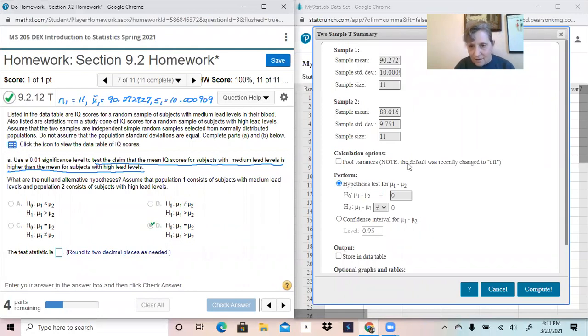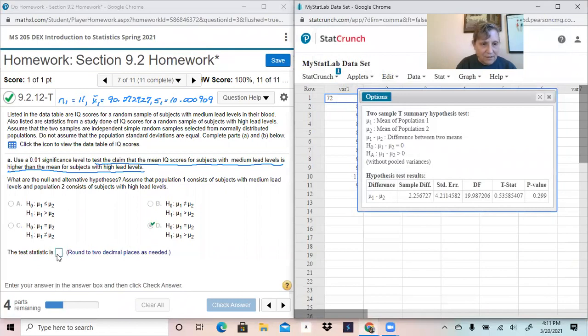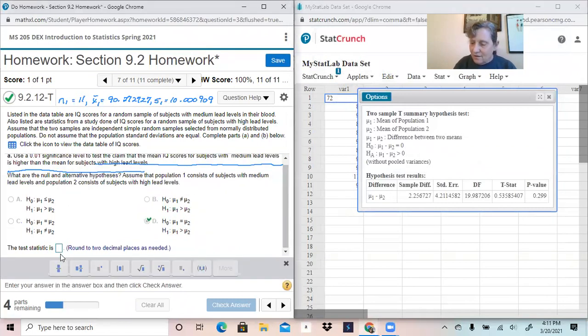The test statistic. Make sure these match. That's an absolute must. Test statistic is 0.536. Oh, wait, 2 decimal places. 0.54.